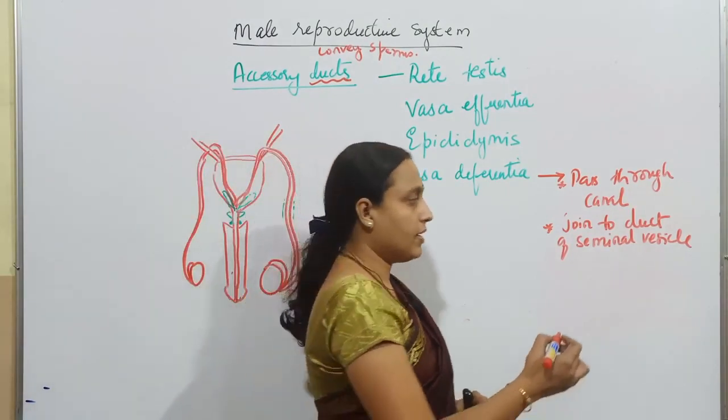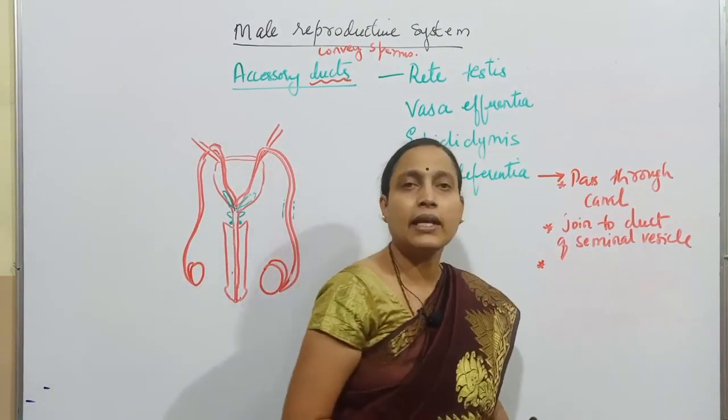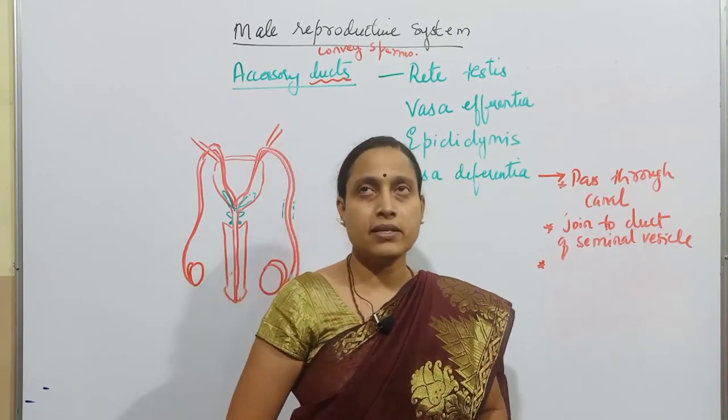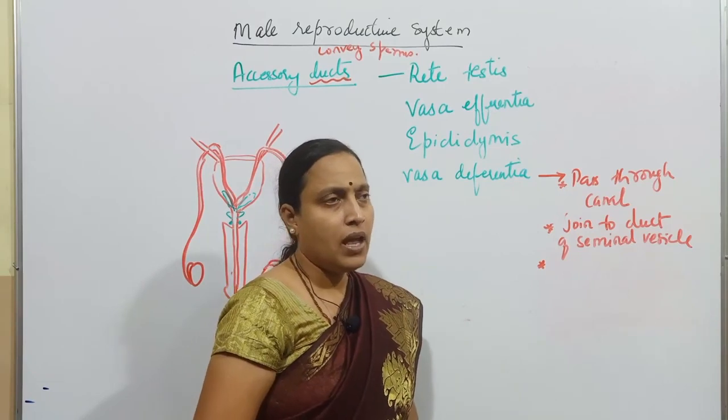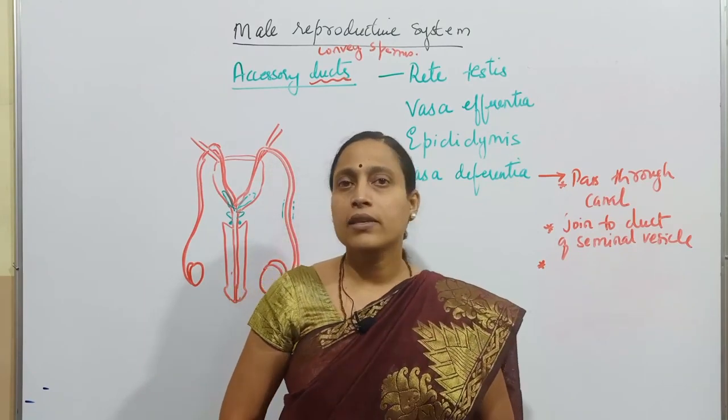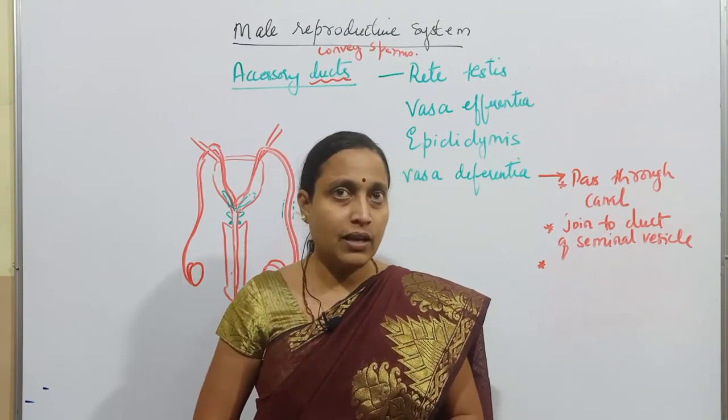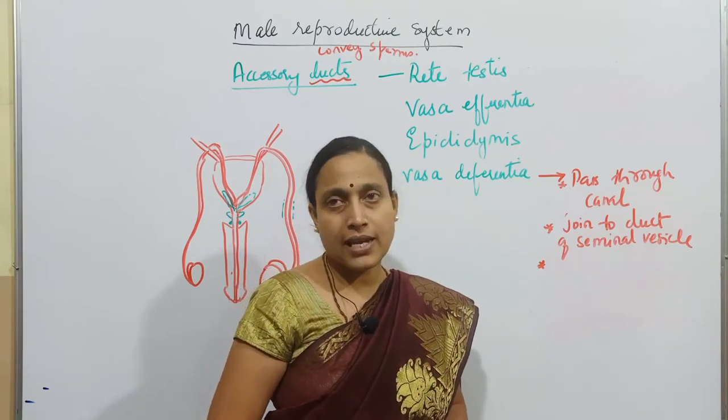Now vas deferens also consists of an epithelium. The type of epithelium present in vas deferens is ciliated columnar epithelium, and of course it also has smooth muscles associated with it. It means that it can exhibit peristaltic movement.